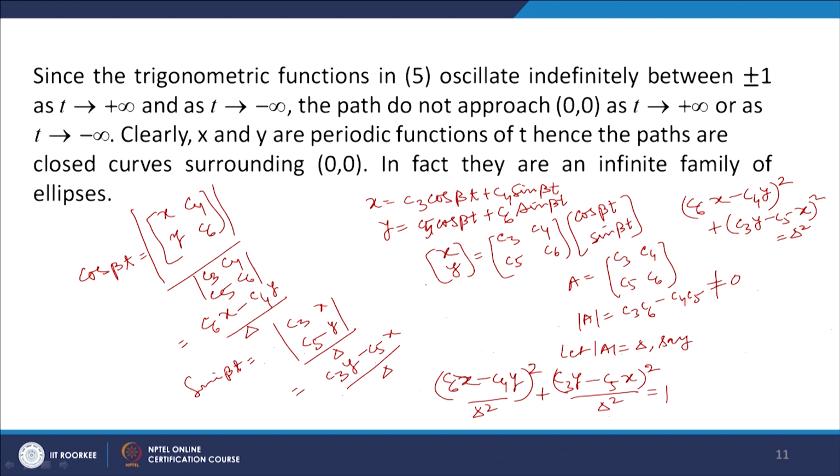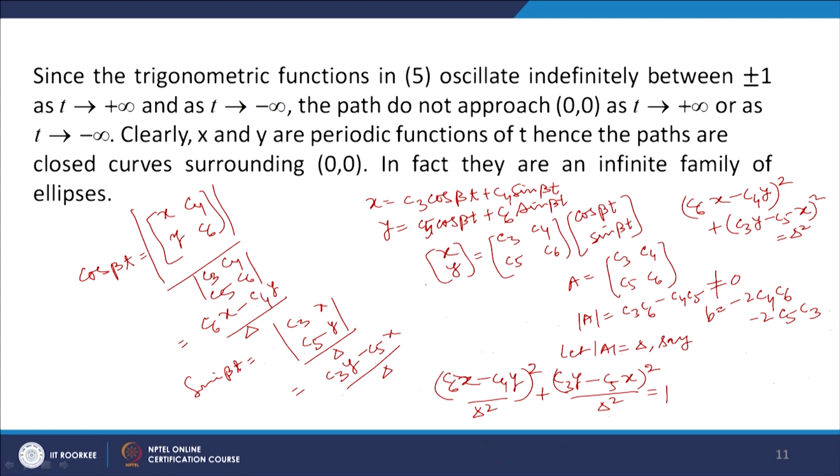So, let us look at the coefficient of xy that we get from here. (a minus b) whole square gives a square plus b square minus 2ab. The coefficient of xy in the first expression is minus 2 C4 C6, and in the second it is minus 2 C5 C3. So, b is equal to minus 2 C5 C3 plus the first term; the coefficient of xy we are denoting by b.